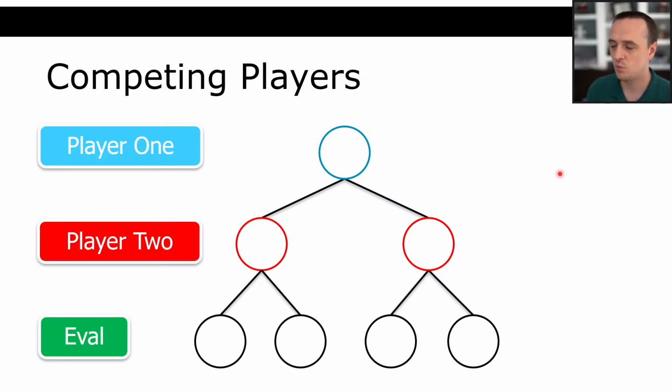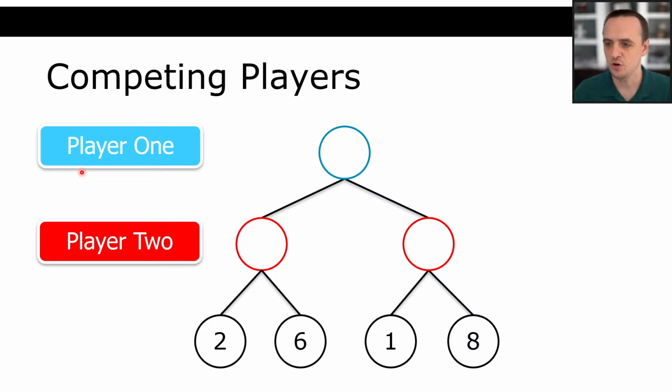So ideally, what I want to be able to do is take the actions that will lead me to that state. But you can't just go straight to the state that you want, because there's another player trying to do the opposite of that. So let's have a look. Let's say that the root node of this game tree, I'm currently playing chess, for example, and I have the white pieces, right?